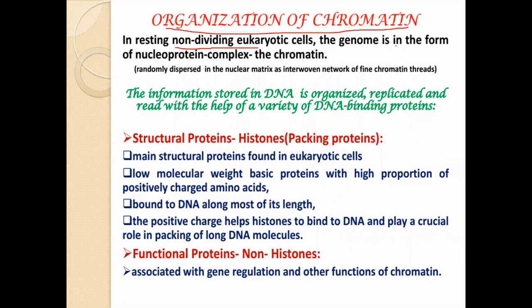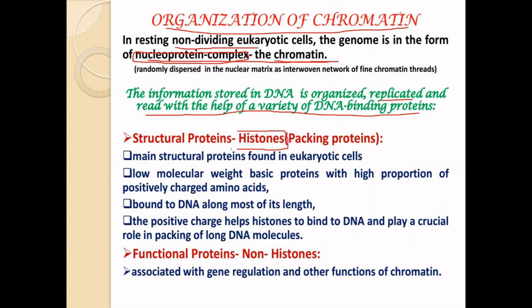The genome is in the form of a nucleoprotein complex, the chromatin. So this nucleoprotein complex is called chromatin. The information stored in DNA is organized, replicated, and read with the help of a variety of DNA binding proteins. That includes the structural proteins.